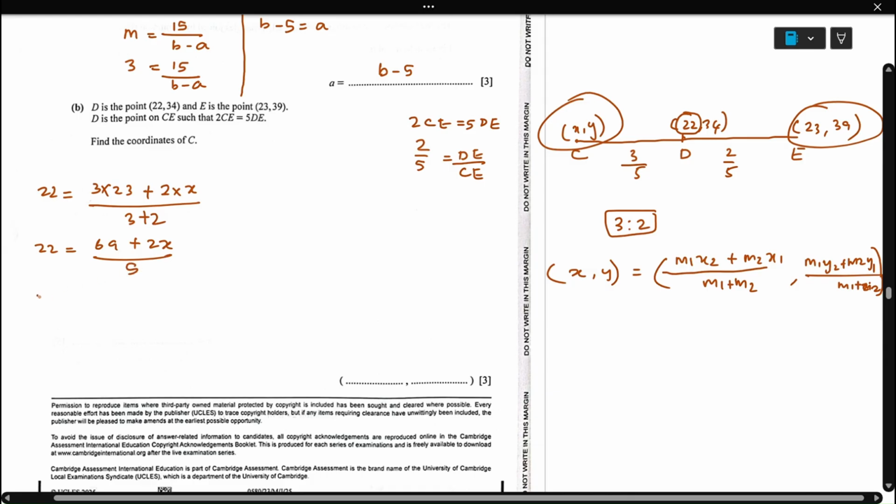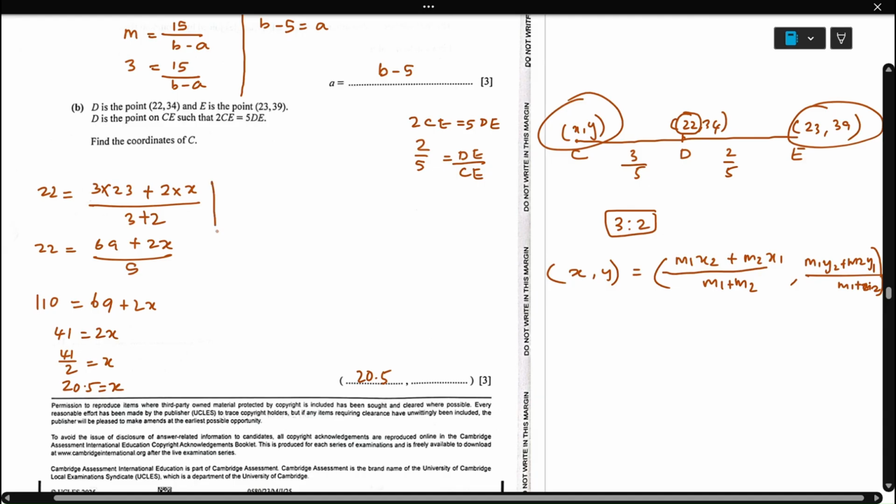This 5 when you bring it here, 110 equal to 69 plus 2x. 69 when you bring to the left side, 110 minus 69 is 41, equal to 2x. So x equal to 41 over 2, which we can leave as 41 by 2 or write as 20.5. So the x value we got is 20.5.